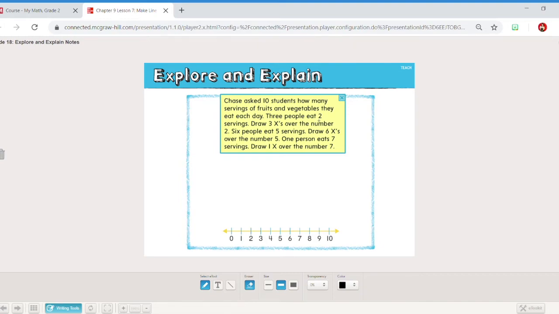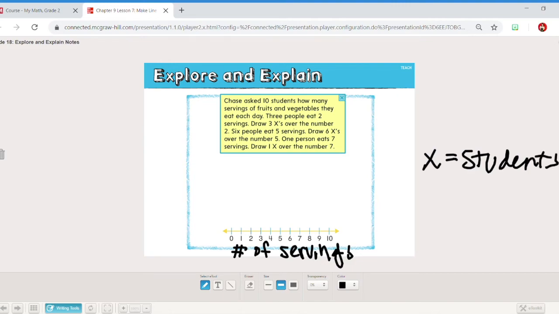So the line represents, I'm going to write here so I remember, the number of servings. So not how many students, but the number of servings. And the X's equals the number of students. Okay, so 3 X's on a 2.